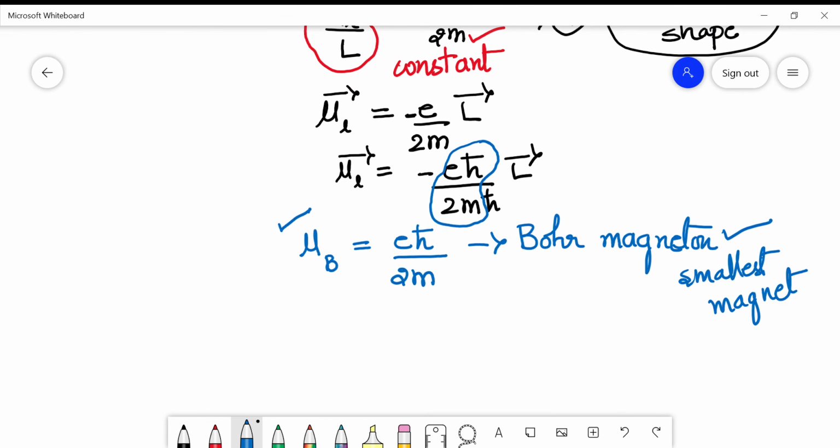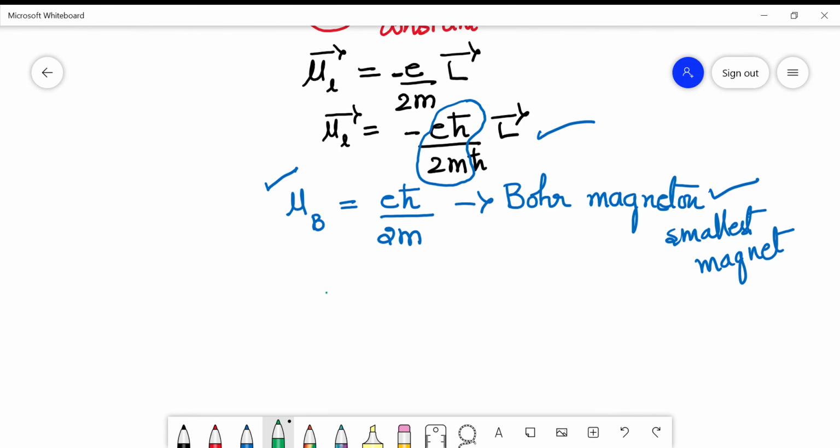Now I can write this equation as mu L is equal to minus, as it is, GL, and I'll tell you what this GL is. E H cross divided by 2m is mu B, divided by H cross as it is, into L. Minus was here, I have taken as it is. In place of E H cross divided by 2m, you have mu B; H cross as it is, L as it is.